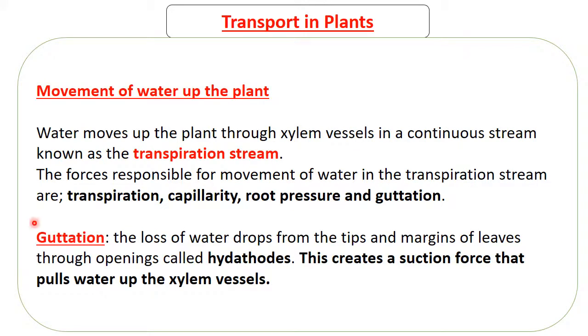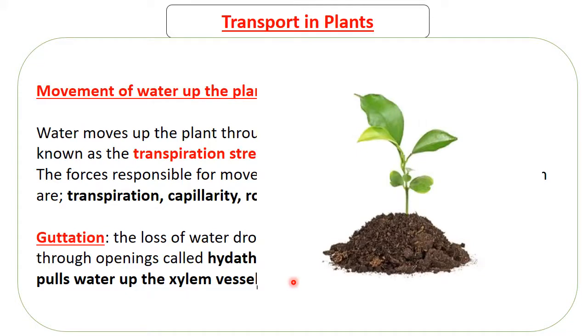Finally, guttation is the loss of water drops from the tips and margins of leaves through openings called hydathodes. This creates a suction force that pulls water up the xylem vessels. What is it that I'm trying to explain here? This is simple, just the same as transpiration.